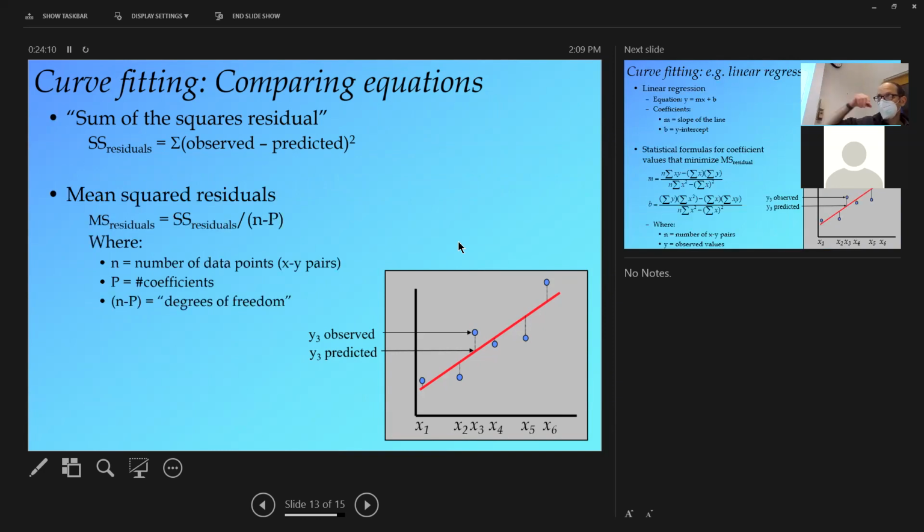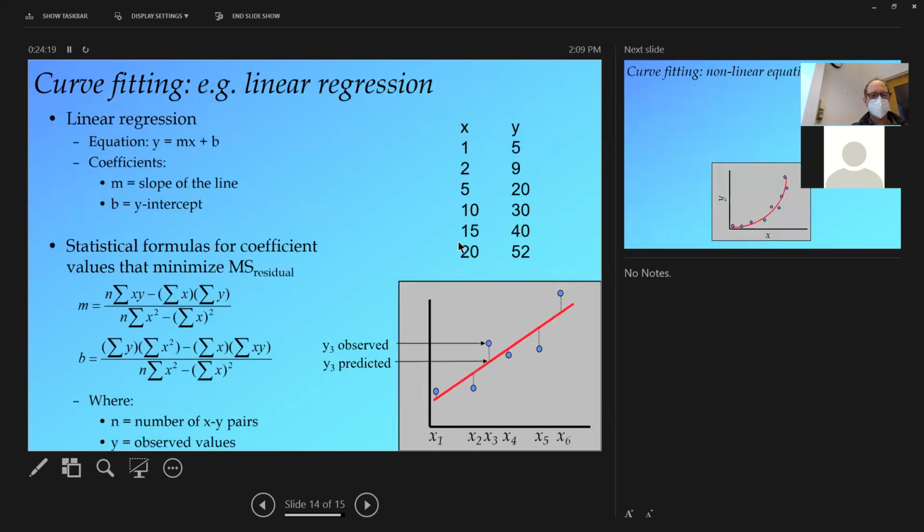Now, in linear regression, there's this technique we use where we sort of divide by the number of points. And don't write this stuff down, because I honestly don't care that you remember this. This is the formula that statisticians can use for calculating the slope of a straight line and the intercept of a straight line. And it's a little mind-numbing to look at.